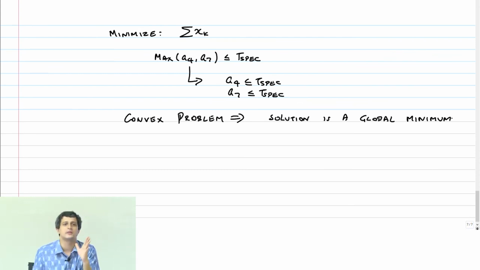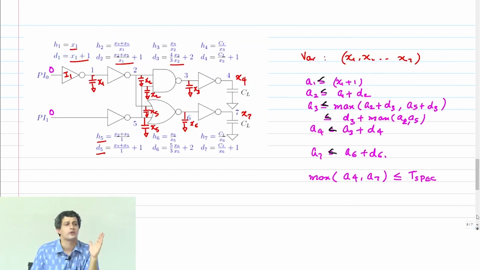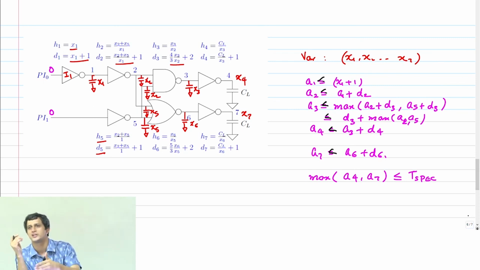Now, what is the big thing that we have done here? Just look at the number of constraints that we have introduced. It is just O of n. If I have n nodes in my circuit, how many nodes do I have here? 7 nodes. The number of constraints are basically 7, and for each input of a gate I may have something.